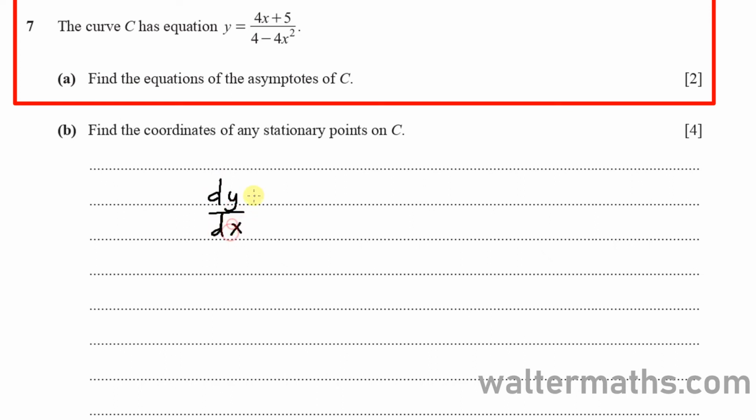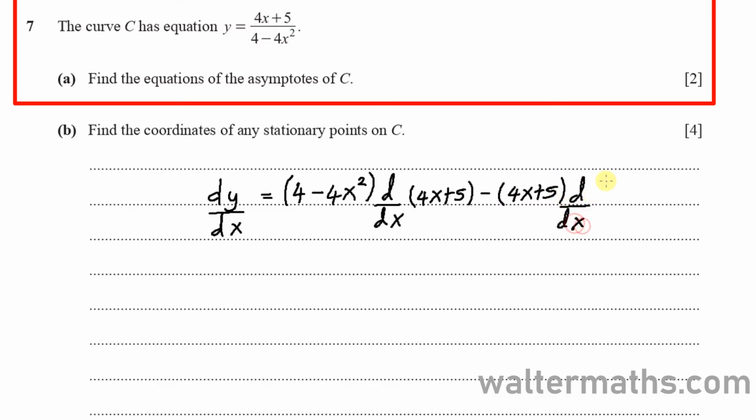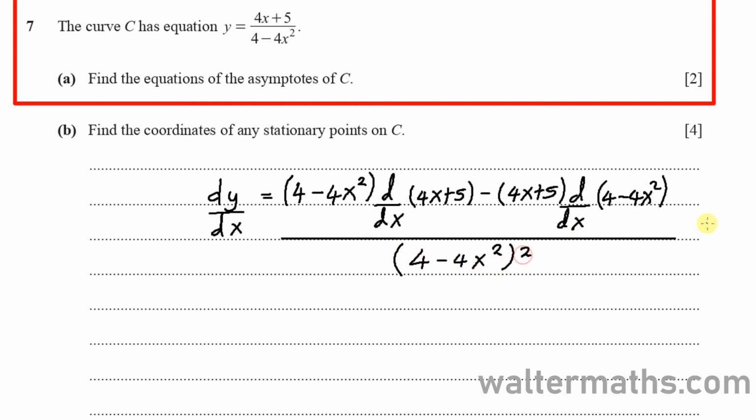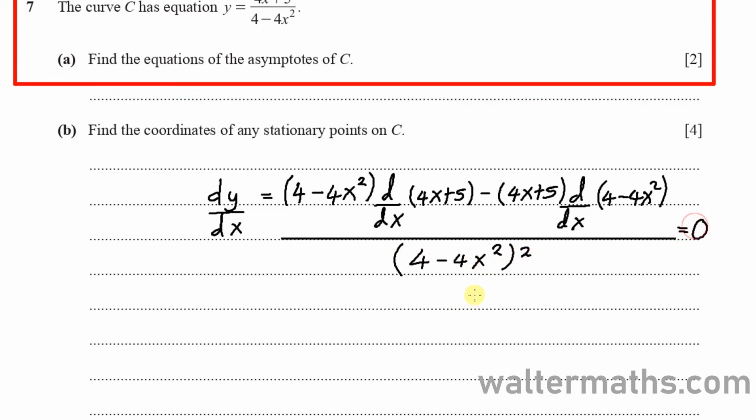Now for dy/dx, we will use the quotient rule, and that will be (4 - 4x²) times the derivative with respect to x of (4x + 5), minus (4x + 5) times the derivative with respect to x of (4 - 4x²), and that's over (4 - 4x²) all squared. And we're going to equate this all to 0.